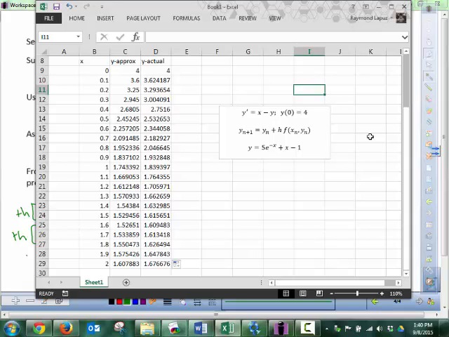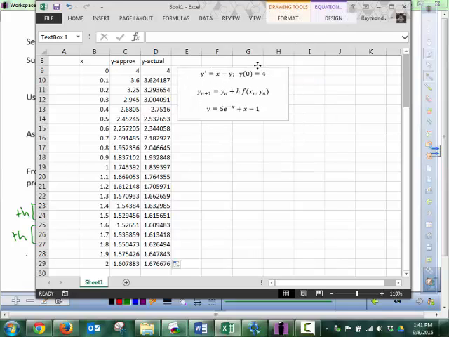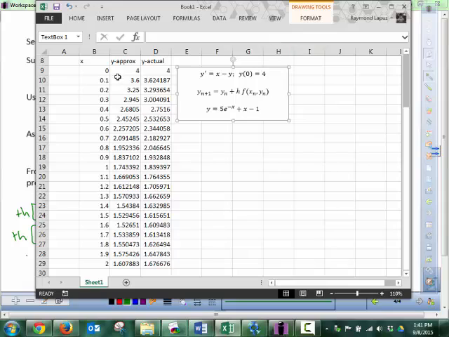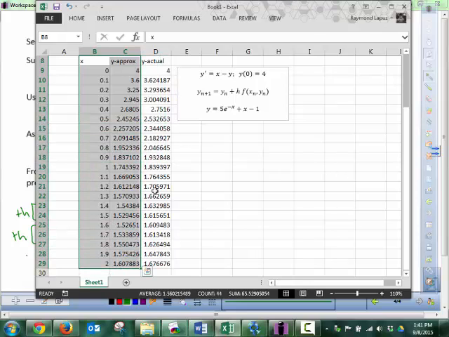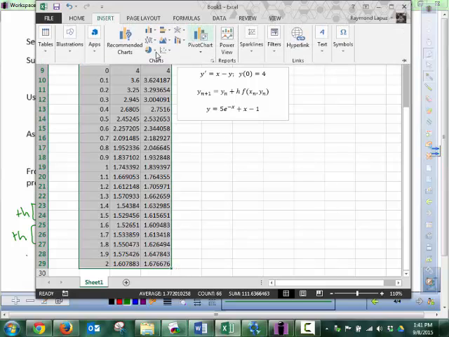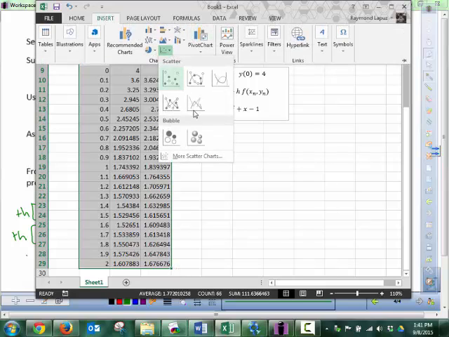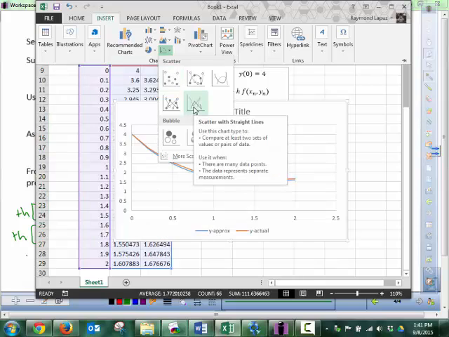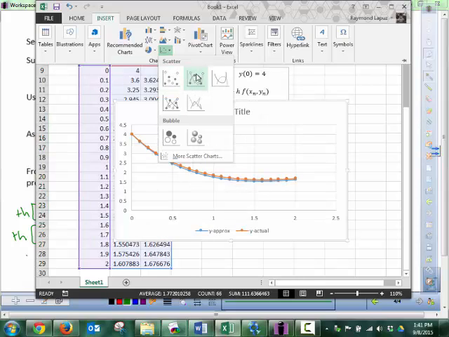So the other part of this is to try to graph it. Let's see if we can graph this. I don't know if I can graph two of them at the same time. So I want to do a scatter plot that's connected with dots.